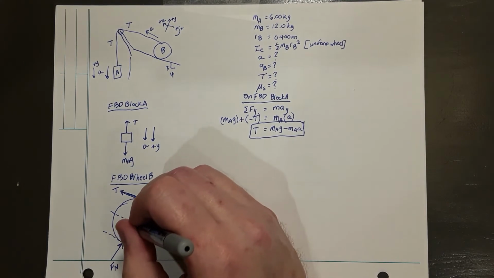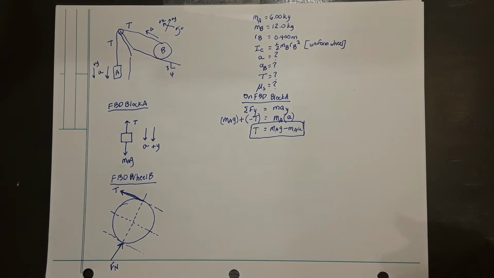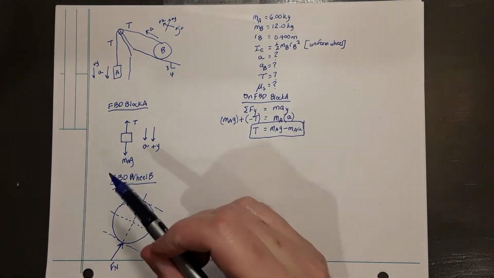Now in this case, the force of friction is static friction, could be anywhere from 0 up to the coefficient of static friction times the normal force. We don't know what that number is. We also don't know exactly what direction it's going to be.